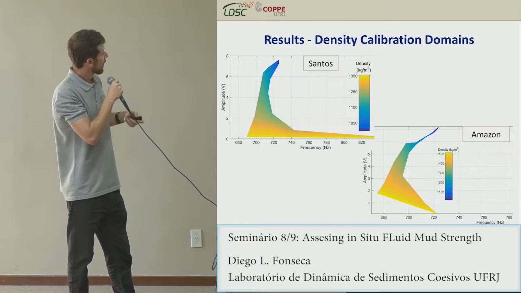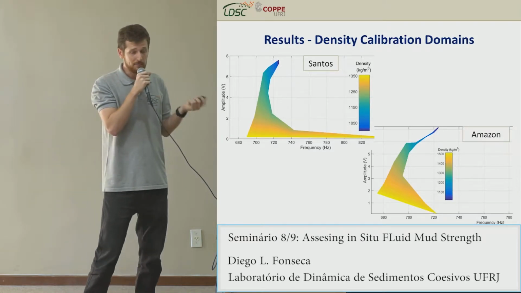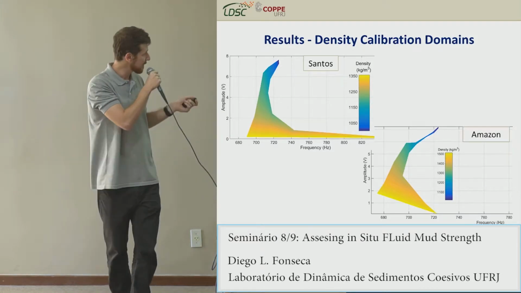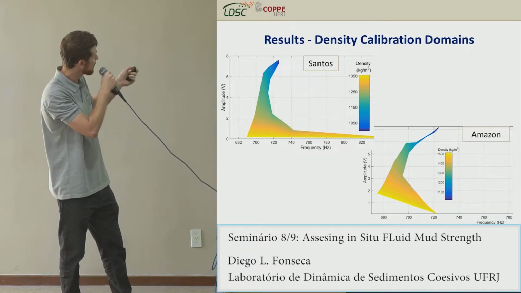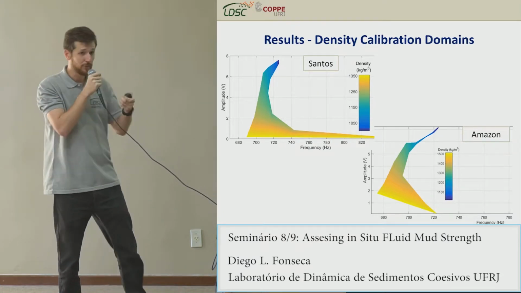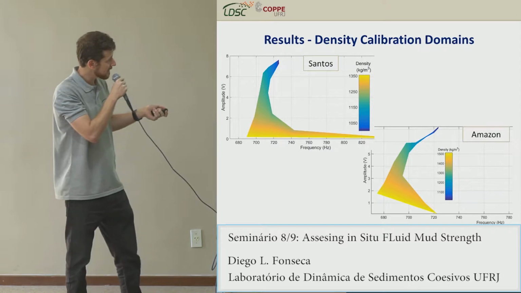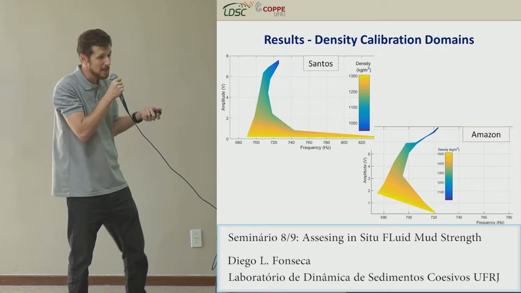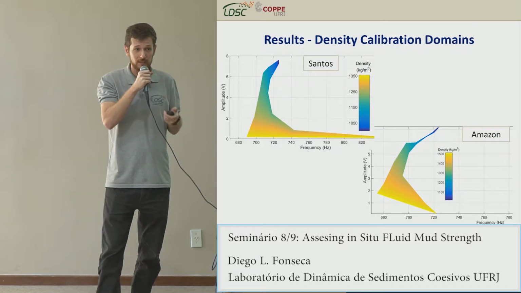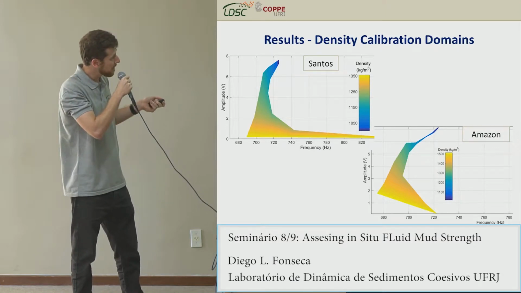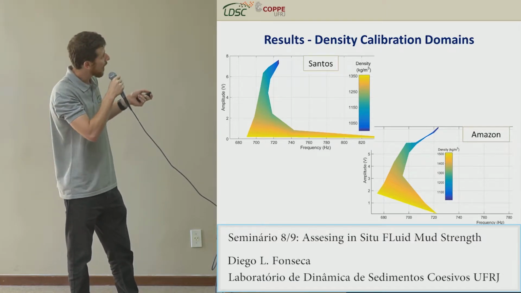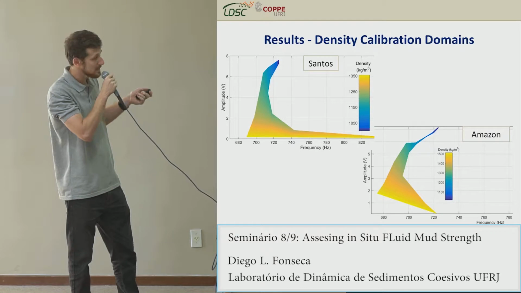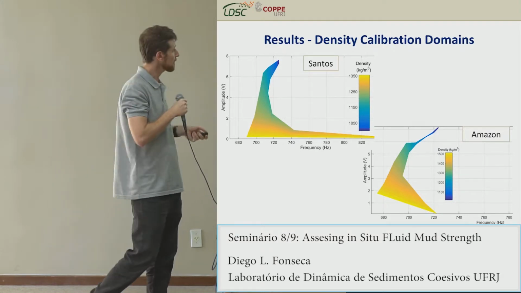So these are examples of a calibration domain, with frequency here on the bottom and amplitude here, and the colors represent different densities. Pay attention that the scale bars are really different because the samples behave in different ways. So here yellow means 1500, while here for Santos yellow means 1350.